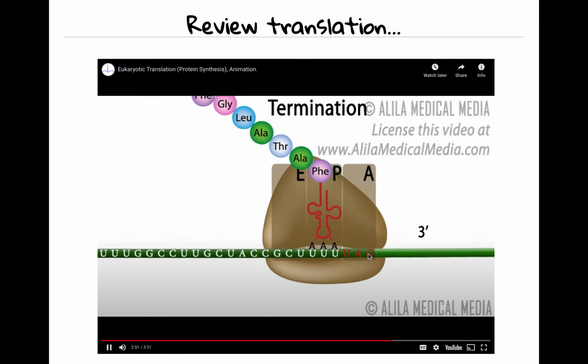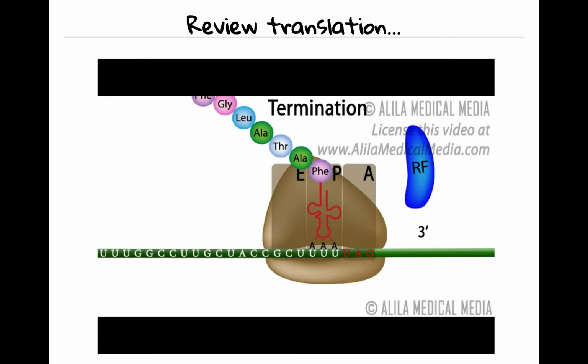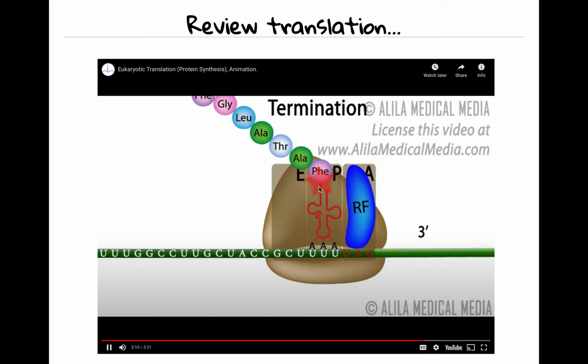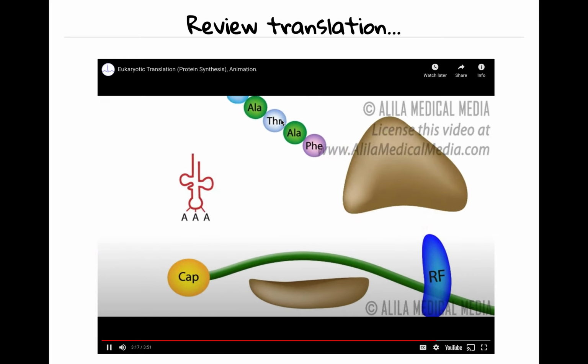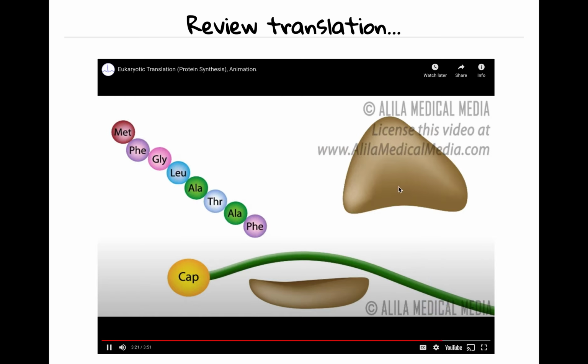And at this point, that's going to initiate the termination part, where a release factor comes into the A site and creates a little bit of hydrolysis that disconnects everything. And at that point, this polypeptide sequence is going to be released, so it can be folded up as a protein, and the remaining parts can be reused. The mRNA can be reused, and the ribosome.